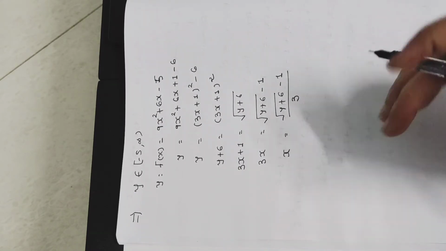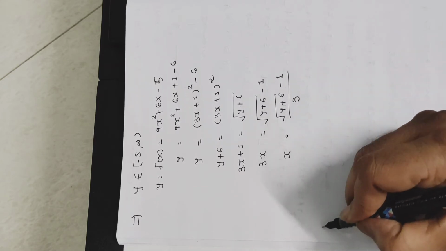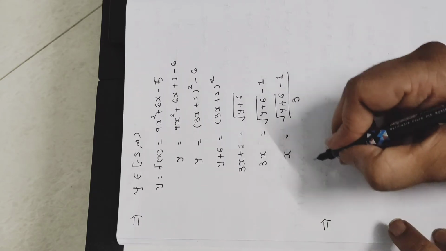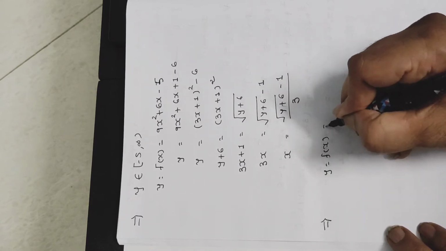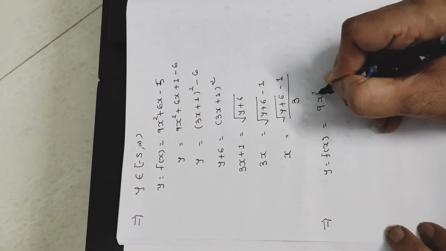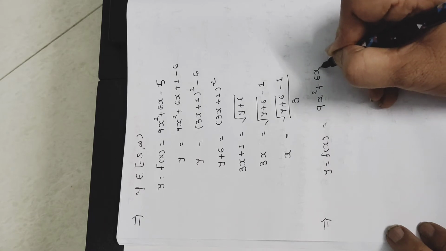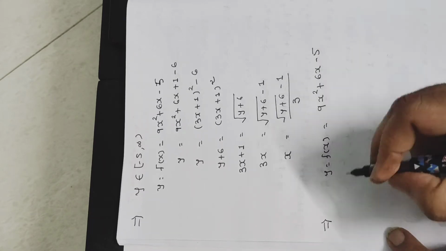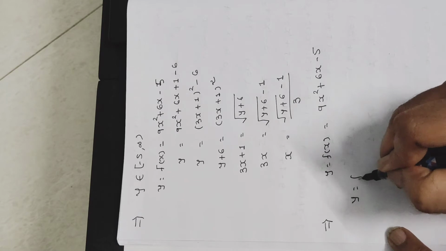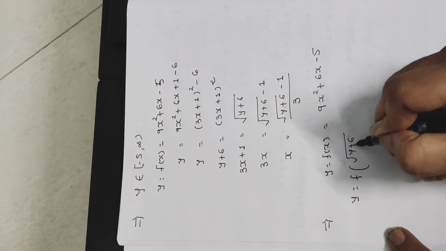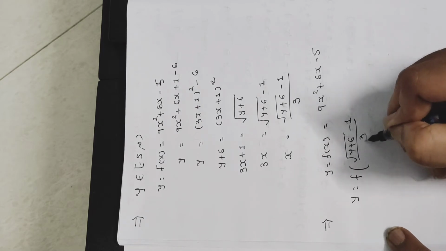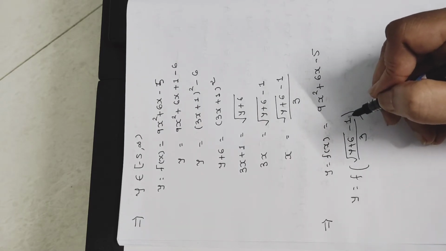Now to prove onto, y is equal to fx is equal to 9x square plus 6x minus 5. So y is equal to f of under root y plus 6 minus 1 by 3.